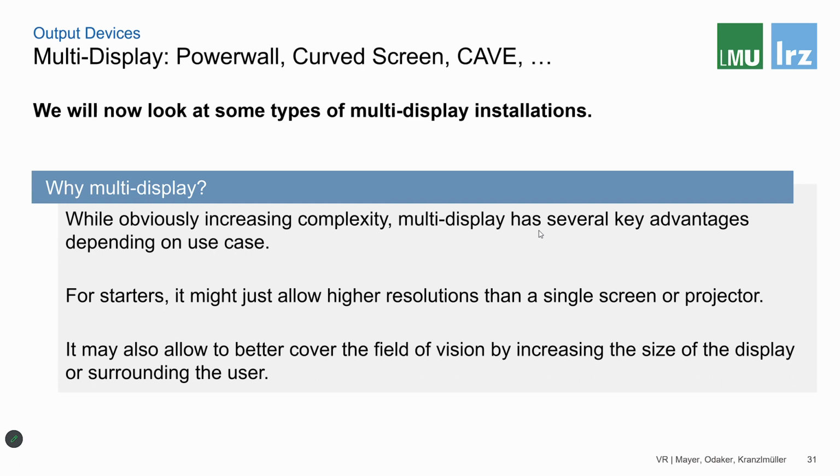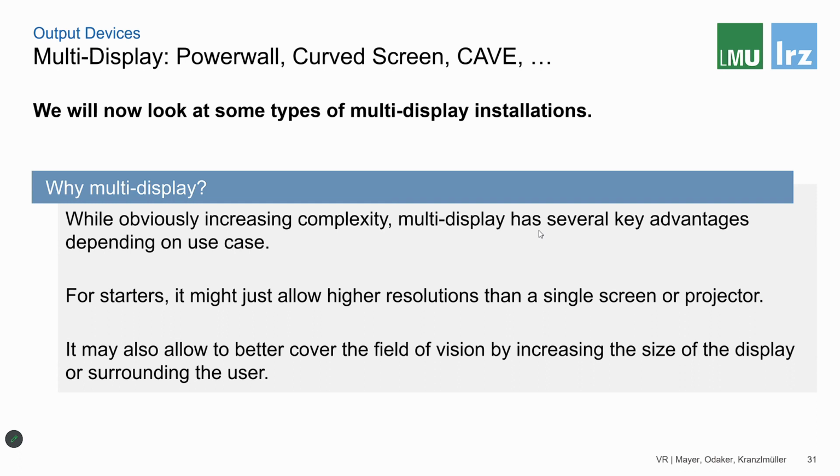With multi-display devices, you can actually build higher resolution screens or projection surfaces than a single device would allow you. So image quality and resolution is one big advantage of multi-display devices.